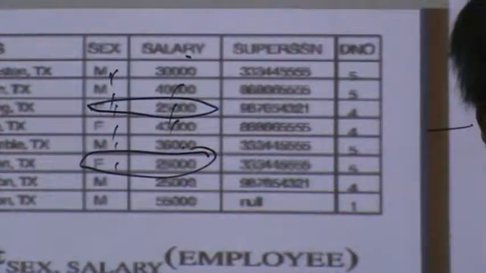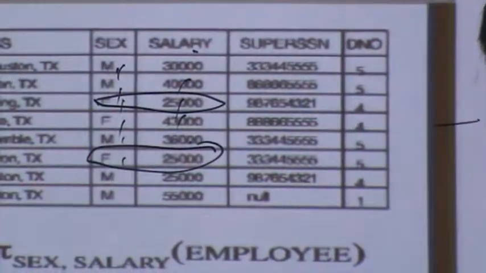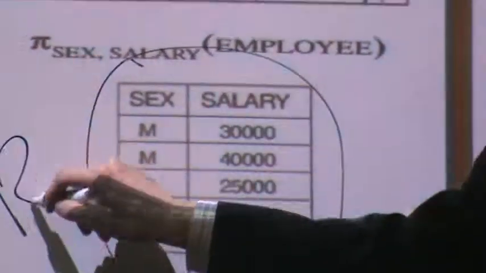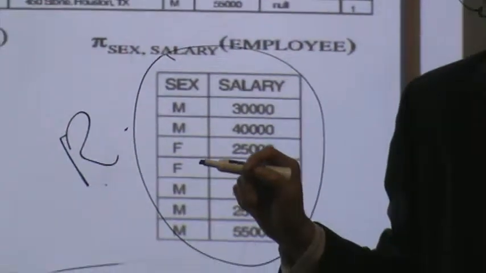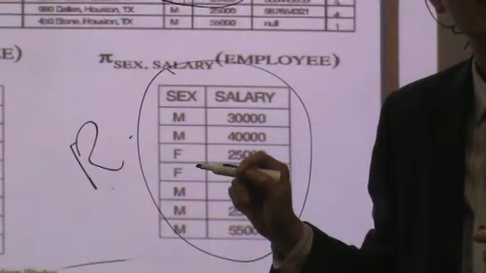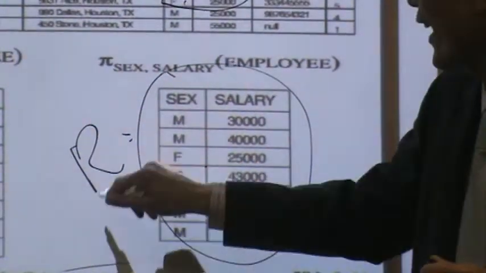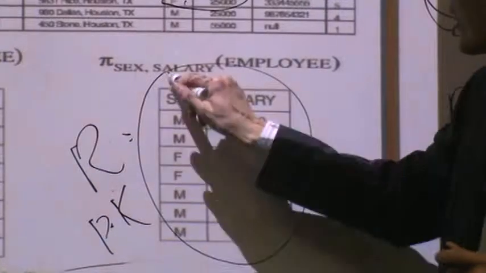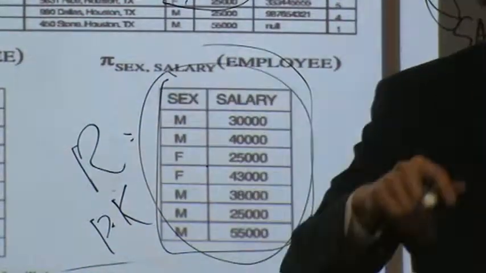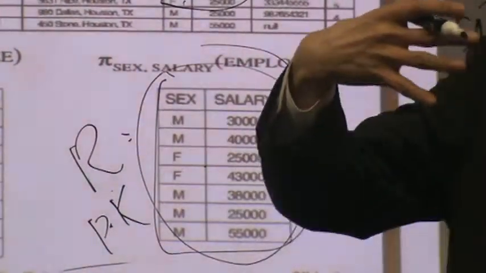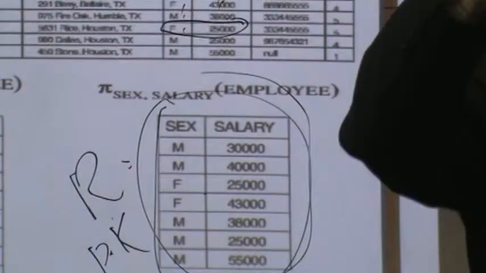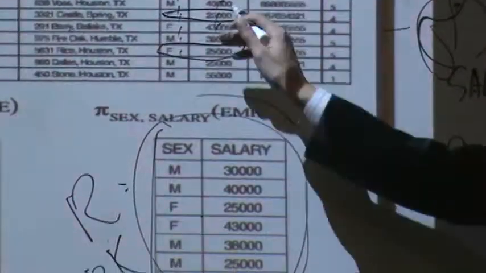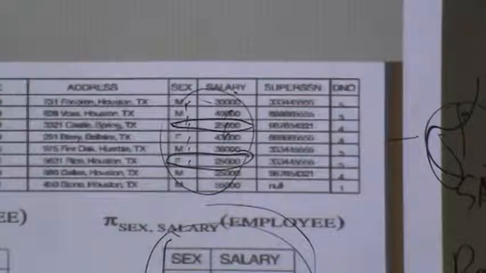This one does not allow duplicates, it is distinct, because this is also a relation. A relation does not allow duplicate data. Why? Because it has a primary key, and a primary key means it's unique.